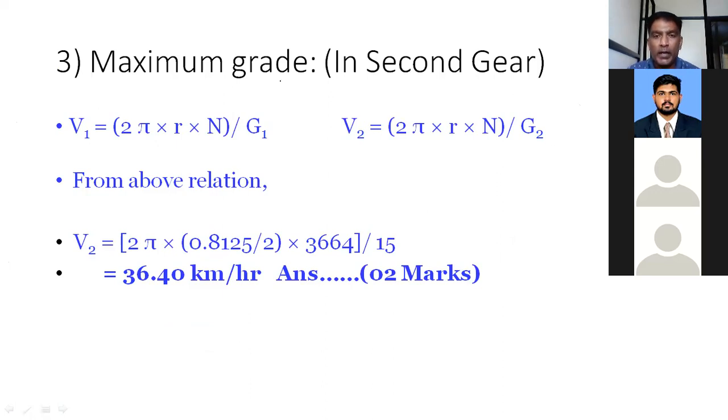Maximum grade, and in bracket you can write this is for second gear. Second gear.